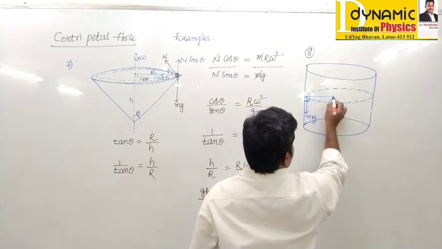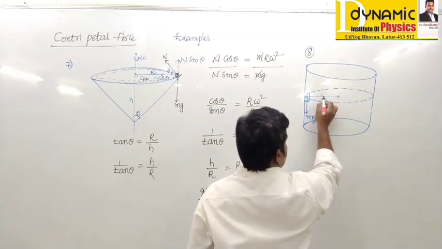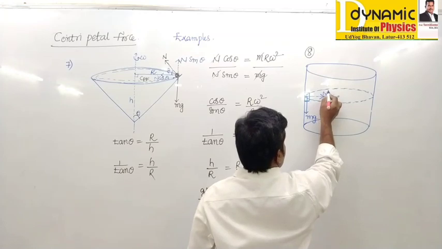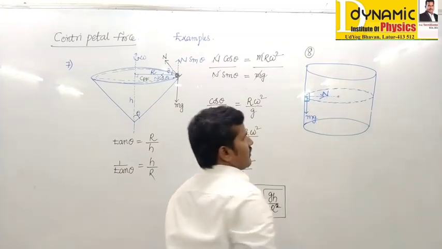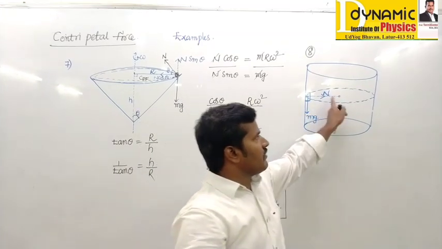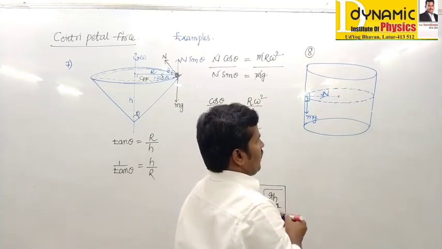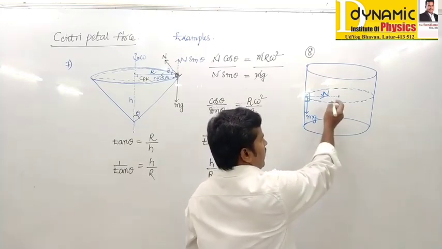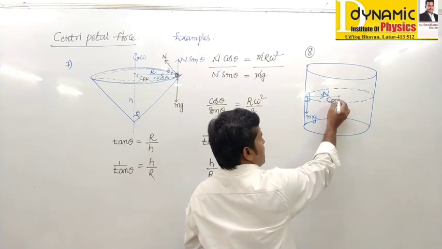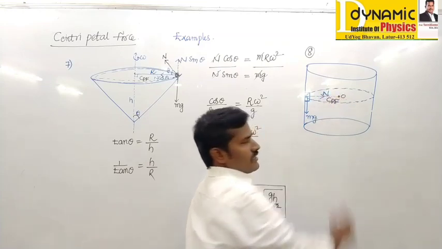Here the normal reaction on this circular path provides the centripetal force. So the normal reaction provides the centripetal force, while weight acts vertically downward.